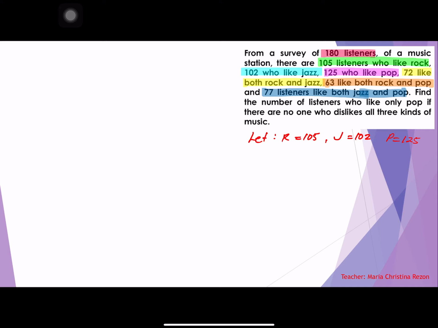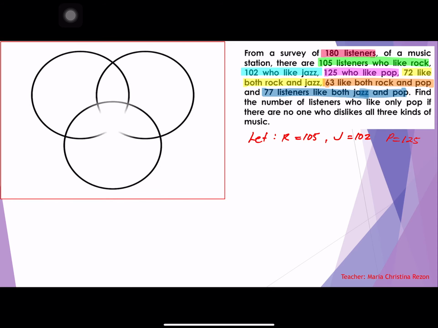We will try to have that in our Venn diagram. So this is your rock, which is equal to 105, and then jazz is equal to 102, and then pop, which is equal to 125. Then what is 180?